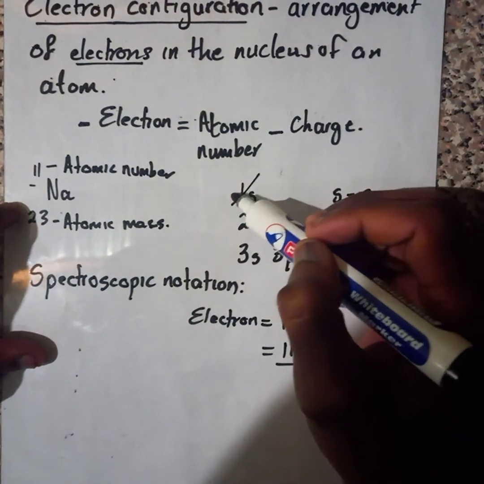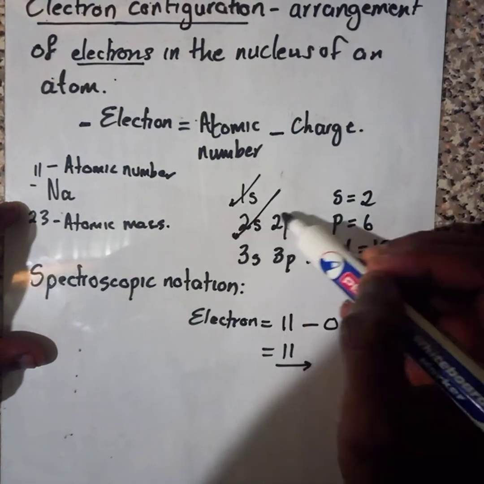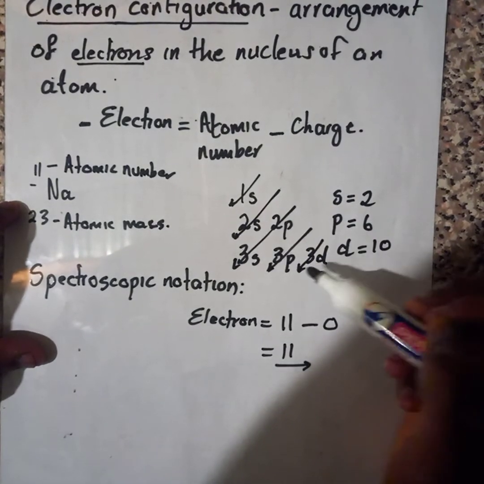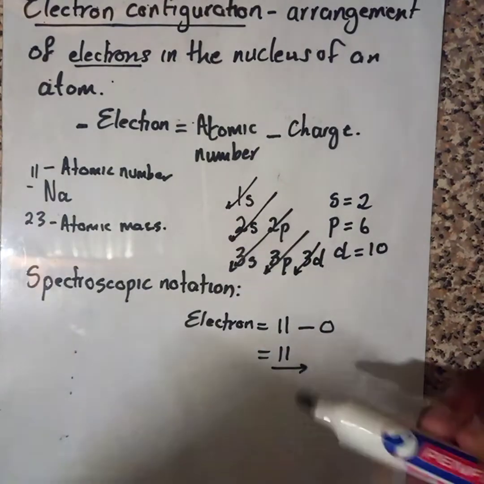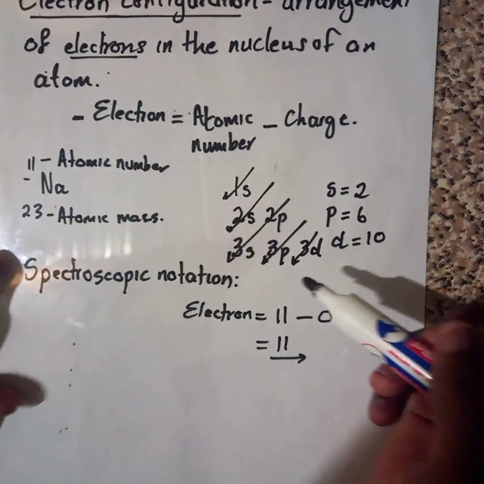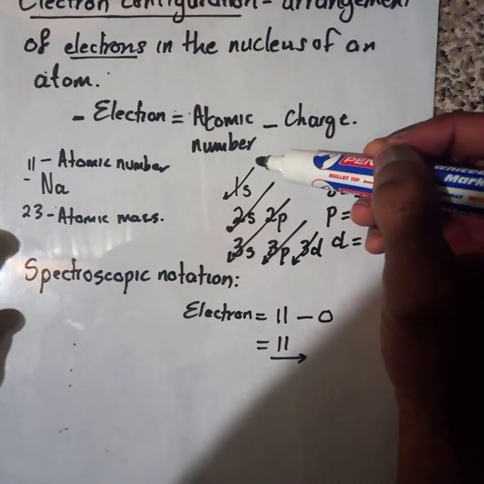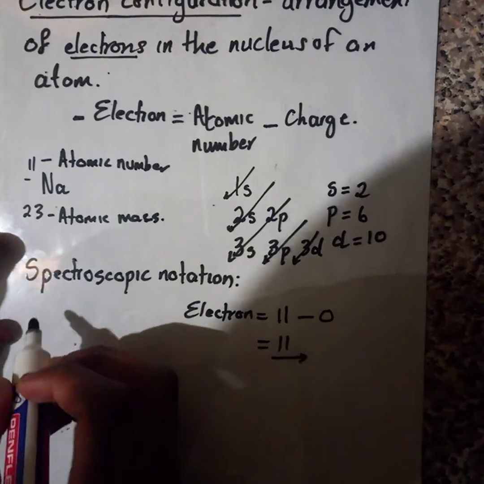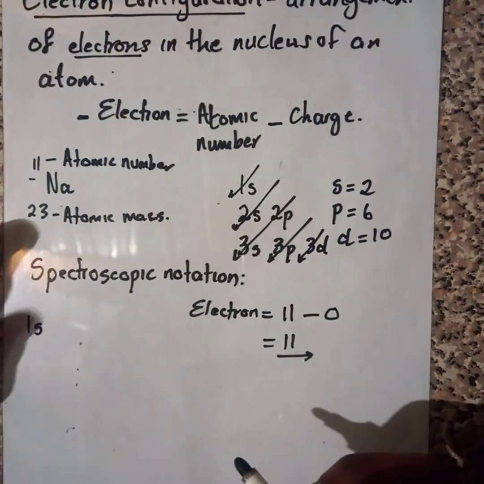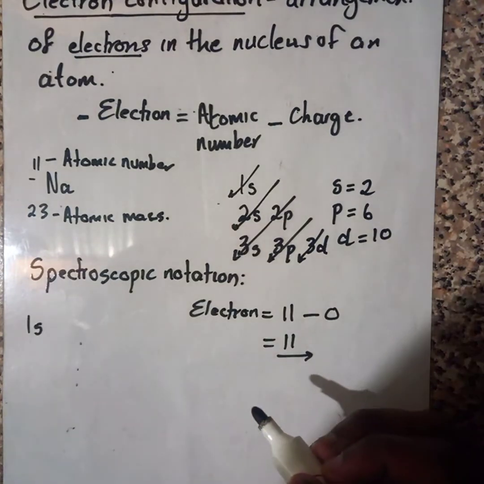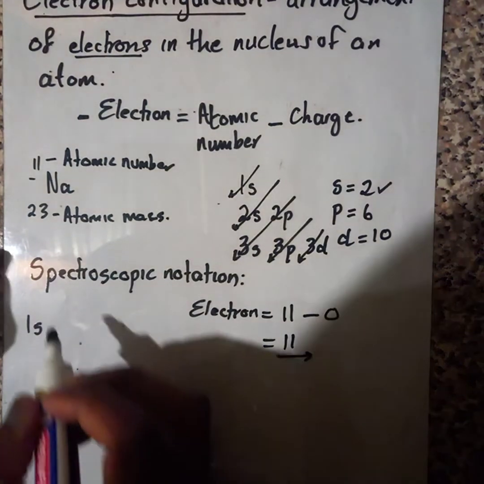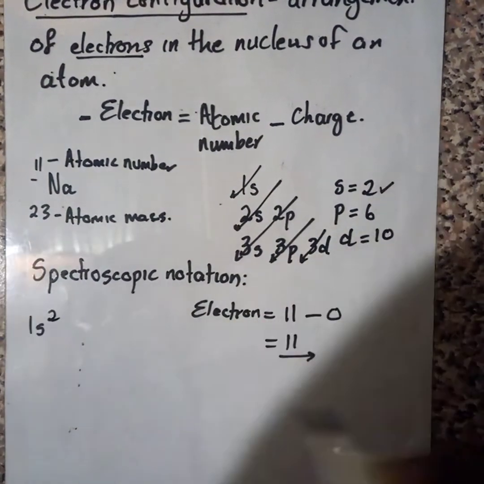At this point, we are going to follow these arrows in order for us to represent those electrons in a spectroscopic notation. Firstly, I'm going to start from this arrow, which is 1s. You see, s can take up to 2 electrons.